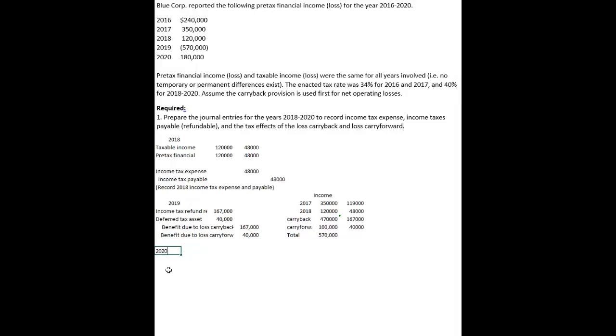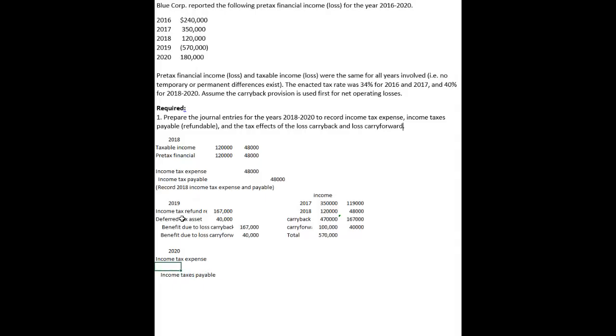Now what happens when 2020 rolls along, and we have $180,000 worth of pre-tax financial income at that point? We're going to record income tax expense. We'll have some form of income taxes payable, what we owe the IRS.